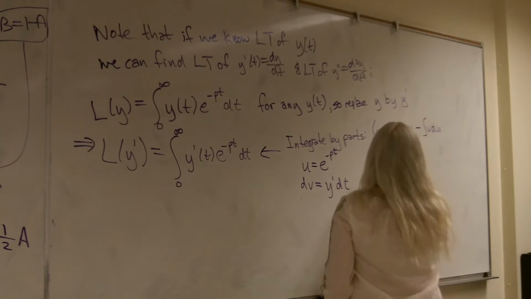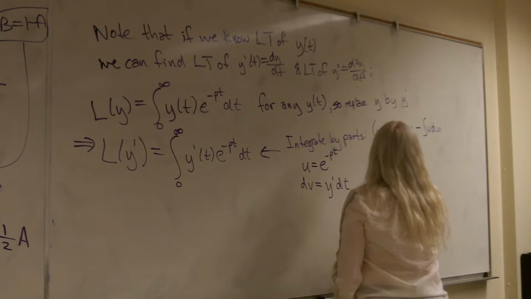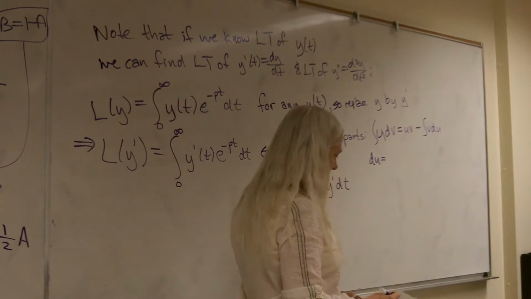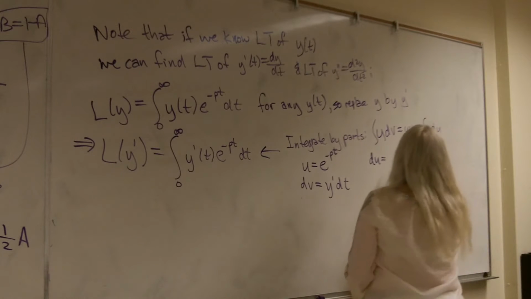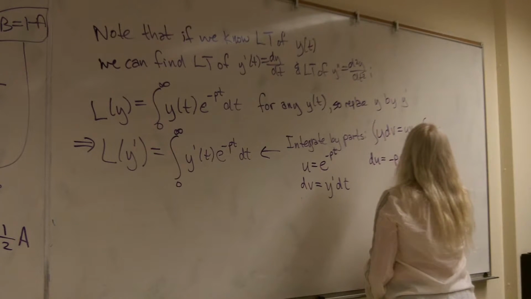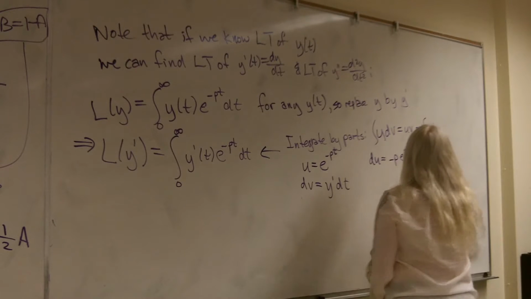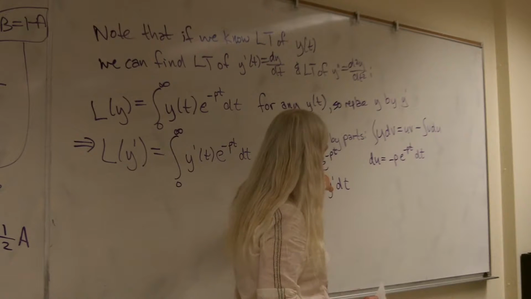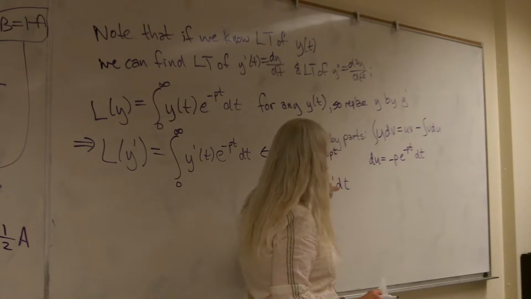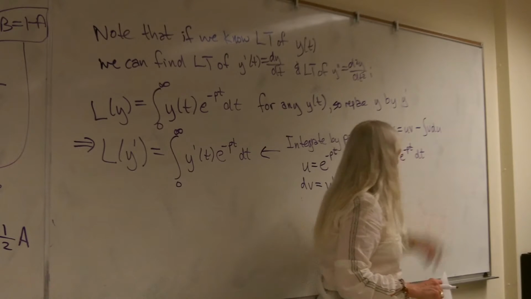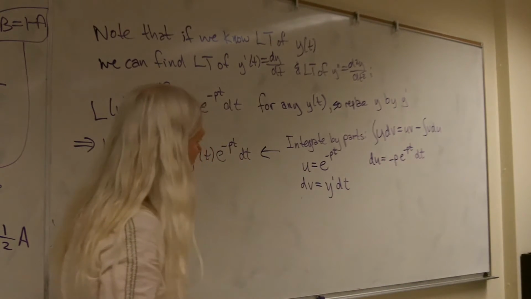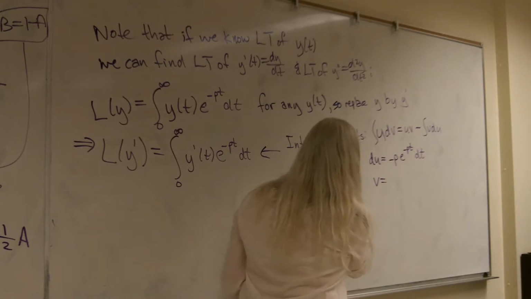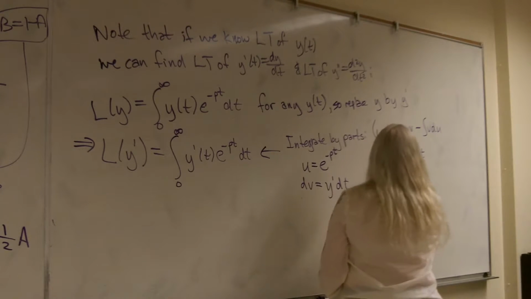So let's work out what du and v are. So du, the total differential of this equation, is minus p times e to the minus pt dt. When we take the derivative of this, we get the same exponential back again. We bring down a factor of minus p out in front, and we're differentiating with respect to t, so we have to multiply by dt. And v, well, if dv is just y prime dt, v is just y.